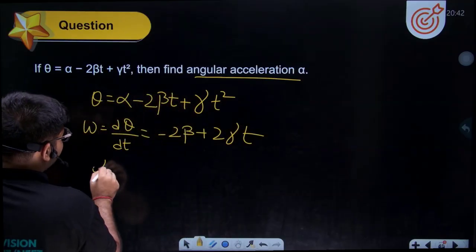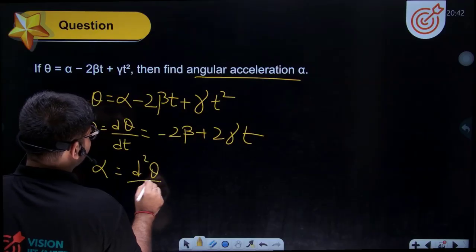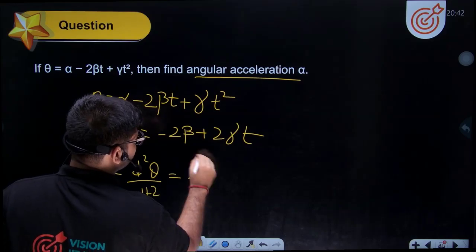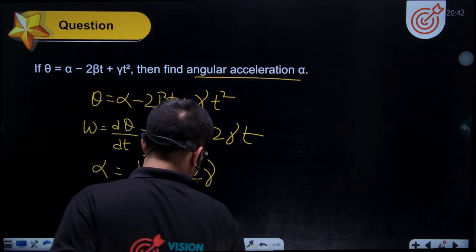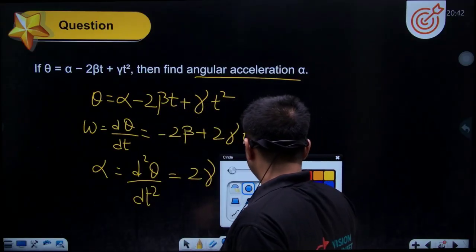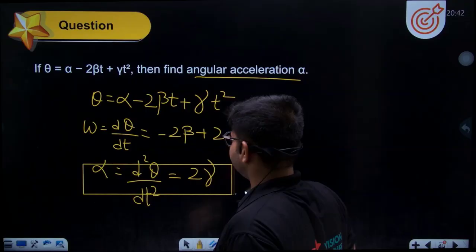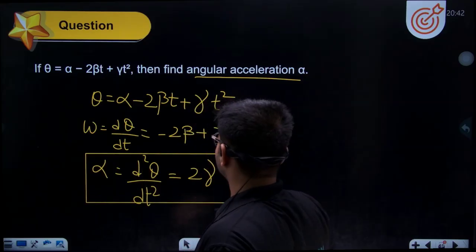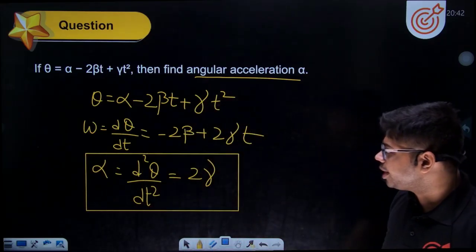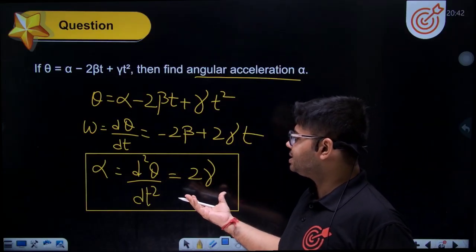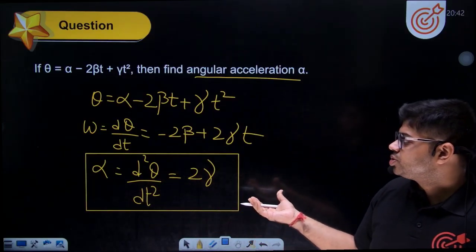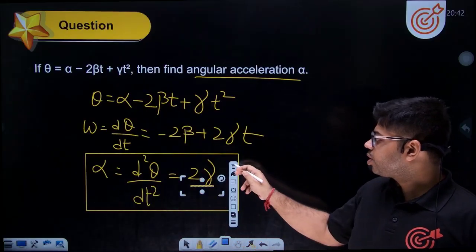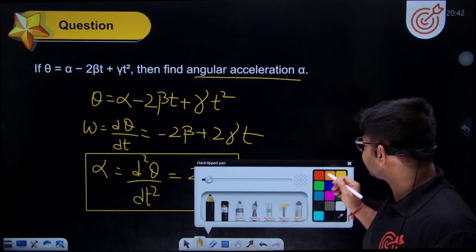Alpha is d2 theta by dt2, which is going to be 2 gamma. This alpha is not dependent upon time, so it is constant, which is 2 gamma. A constant value of the acceleration.